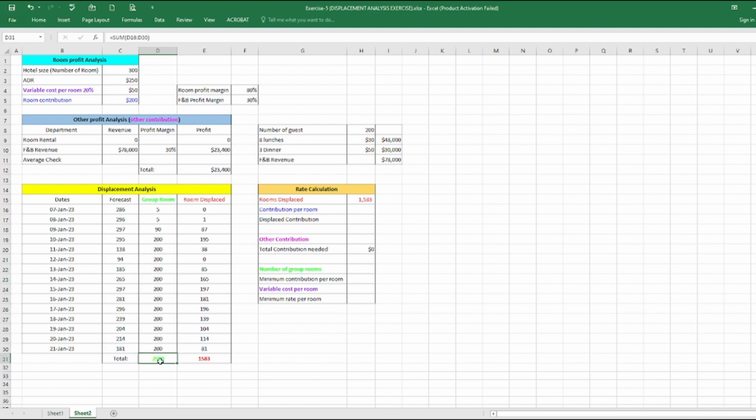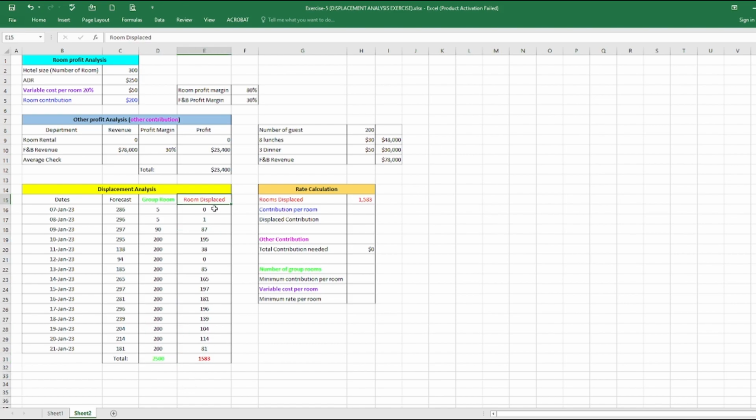So total for the group is 2,500 rooms. So it's 2,500 rooms for the group.